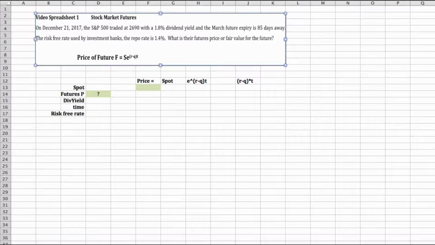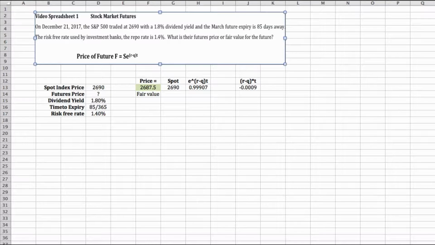So the formula we lay out, and we're just going to plug in information as we read the problem. The index is 2690. The dividend yield is 1.8%. 85 days out of a 365-day year, and the risk-free rate is 1.4%.